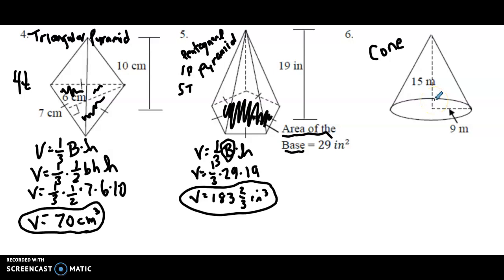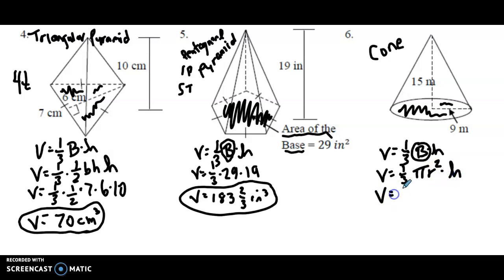So, the formula for a cone is the same as a pyramid again because it has that point and only has one base. V equals 1/3 capital B times cursive H. The formula for the circle, which is our base shape, is pi r squared. And we'll plug in our numbers. Pi is 3.14.